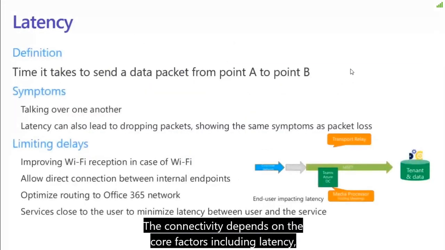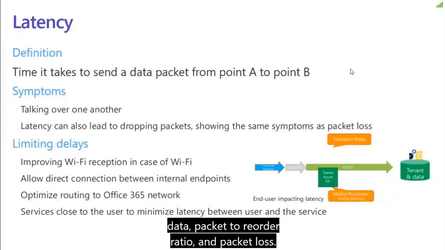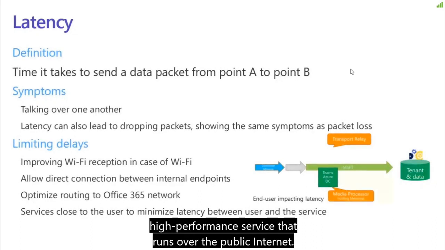The connectivity depends on core factors, including latency, jitter, packet reorder ratio, and packet loss. Office 365, as you know, is a secure, reliable, high-performance service that runs over the public internet.